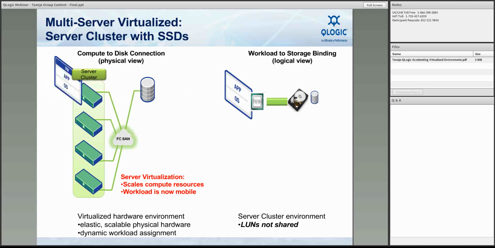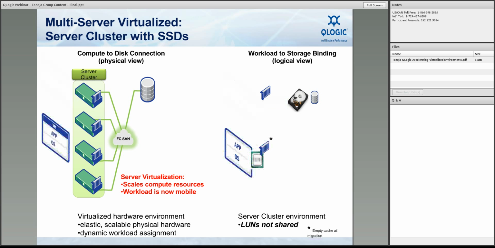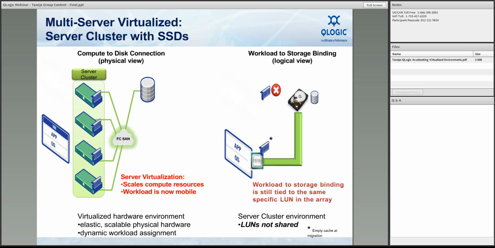Okay, let's take a look at what happens when we implement a virtualized infrastructure that uses multiple servers, multiple physical servers. In this type of environment with virtualization using standard SSDs, you look on the right-hand side, you have the logical workload, but when you implement vMotion into a different physical server, that breaks the link between the cache and the logical workload.